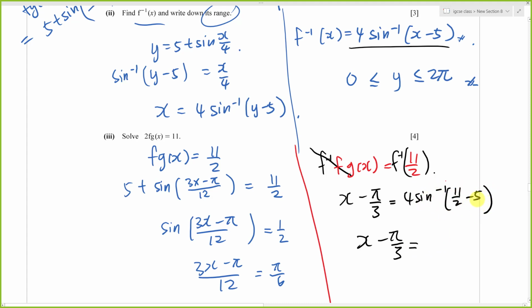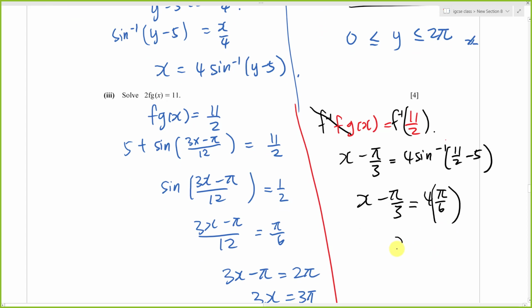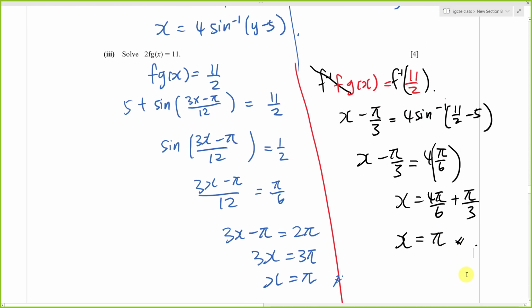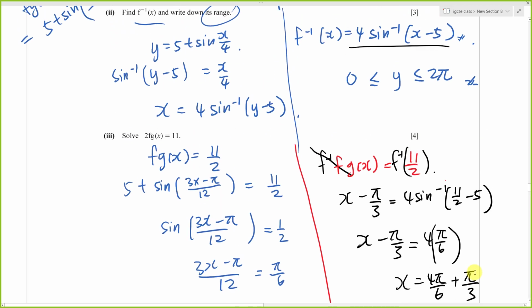So sine inverse of 1 over 2 will be pi over 6. So x will be 4 pi over 6 plus pi over 3. Then this one you should get pi. Yeah, you will get the answer also if you do it like this. This is just another method of solving this kind of question.